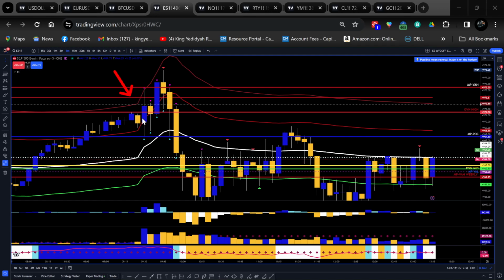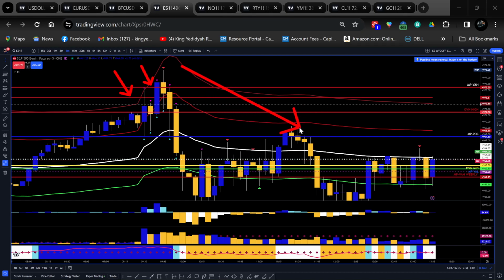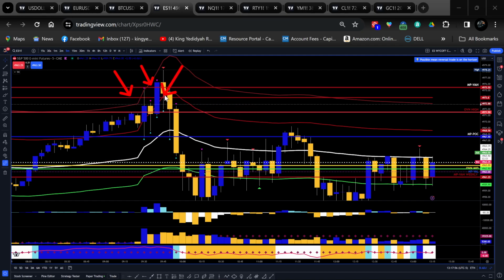We got some rejections, took some shorts, and got squeezed a little bit as it popped back up on this candle. Eventually I caught the breakdown of the first upper deviation band. You see that band right there? That's the first upper deviation band. I caught that with the breakdown of Camarilla R3.